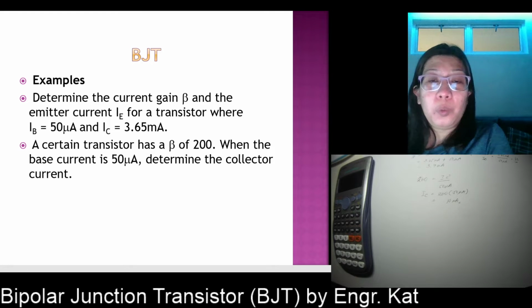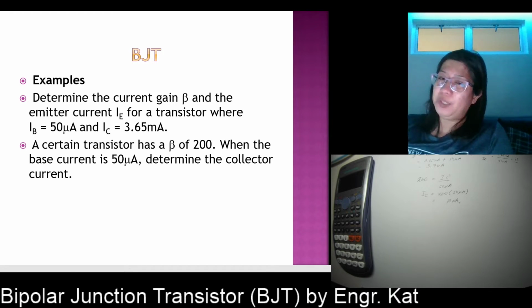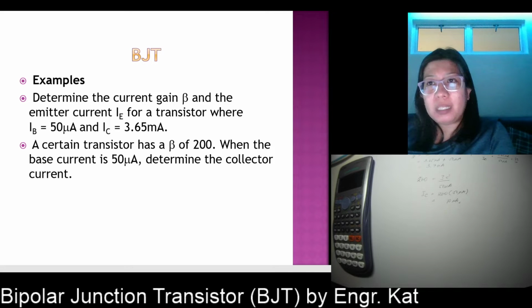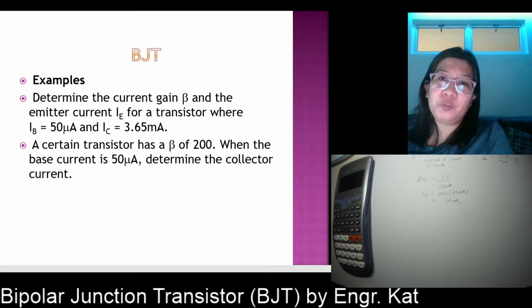Ma'am, what if I am connected in common base and the beta is given, or vice versa? Can we have a relationship for beta and alpha? Because as I've said earlier, alpha is for common base configurations while beta is for common emitter configurations.